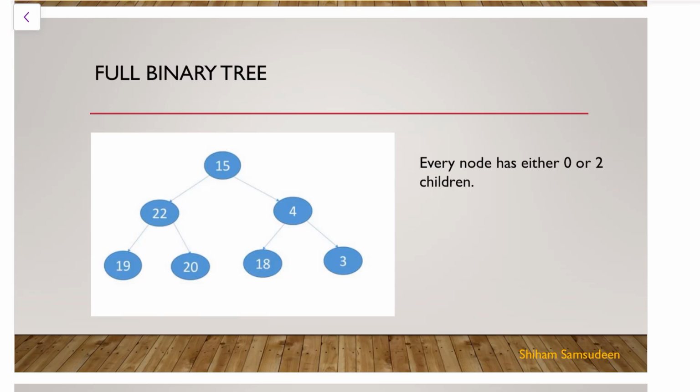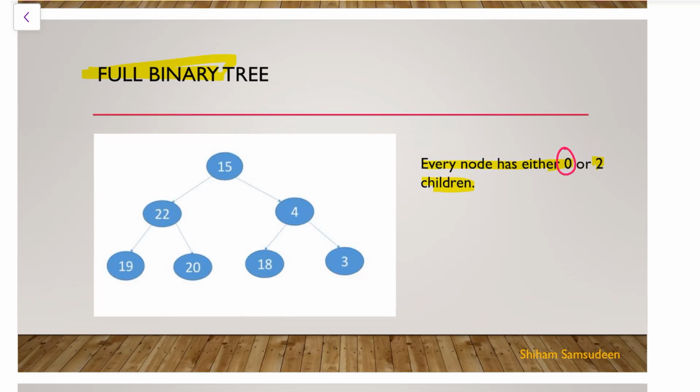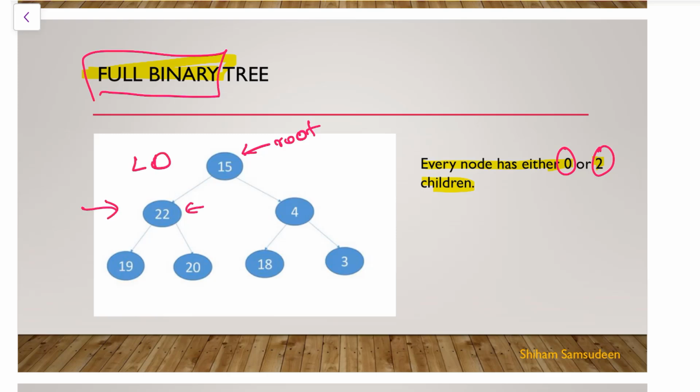And then there's something called a full binary tree. So this is every node has either 0 or 2 children. So every node has either 2 or 0 children. That means if any of the nodes has only one child, that is not a full binary tree. Okay, what this means is, you have a root node, right? And level 0 is completed, level 1 is completed because it has 2 children, and level 3 also is completed, right?